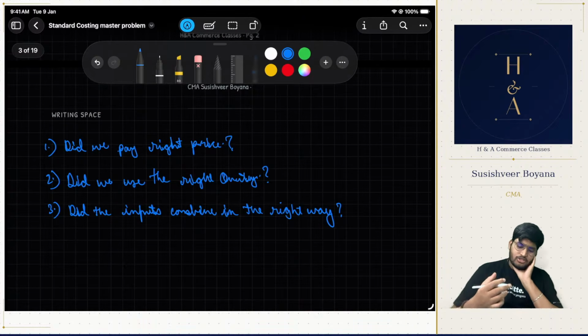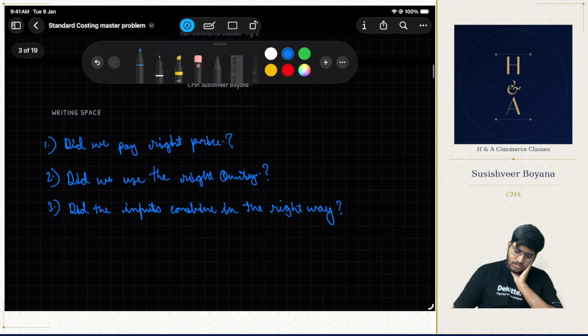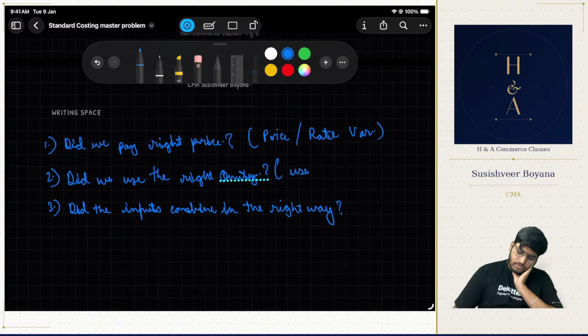So, with these questions, what I understood is: when I'm talking about the right price, I understood price and rate variance. When I'm talking about the right quantity, I understood usage and efficiency variance.